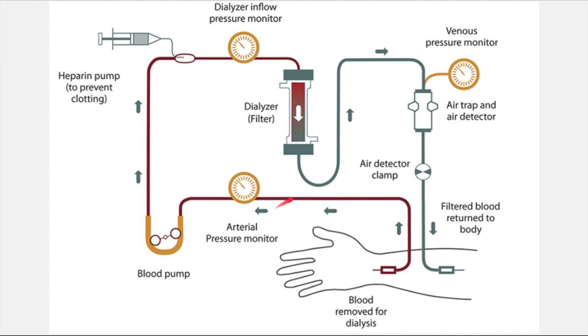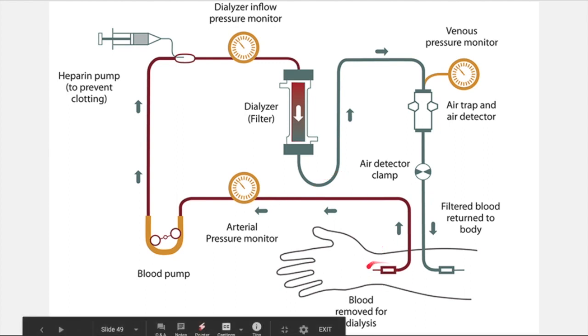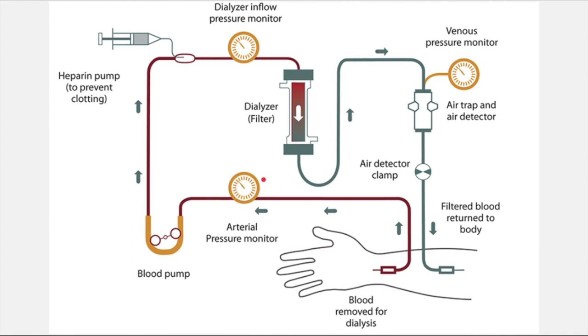Thank you. Just as an overview, this is the arterial site. The arterial access goes into the arterial line, goes to the arterial pressure manometer, which monitors the flow rate, which is then pumped by the blood pump, goes through the line again and goes through the heparin pump.